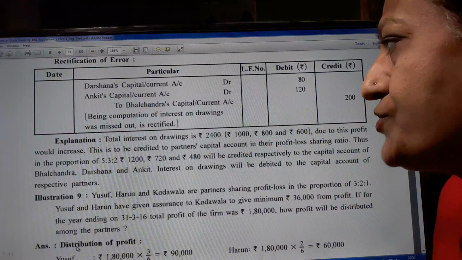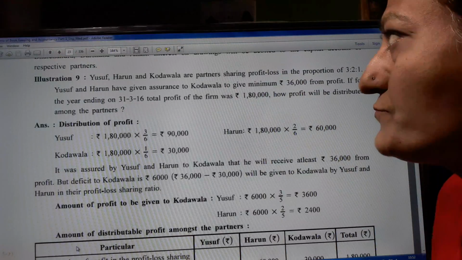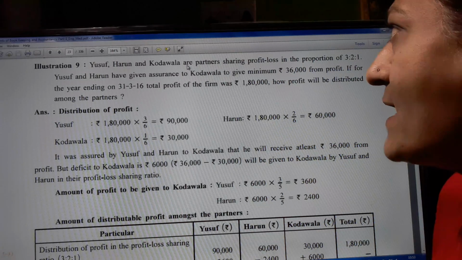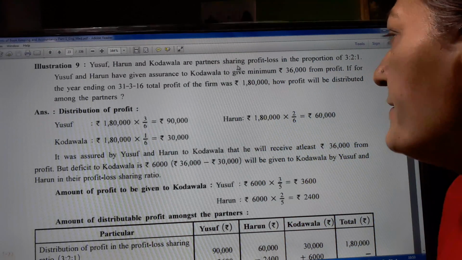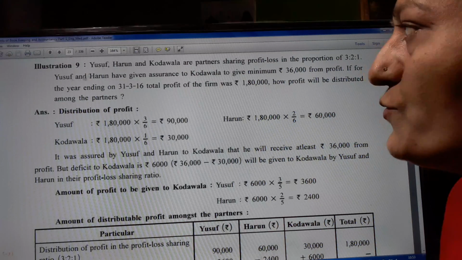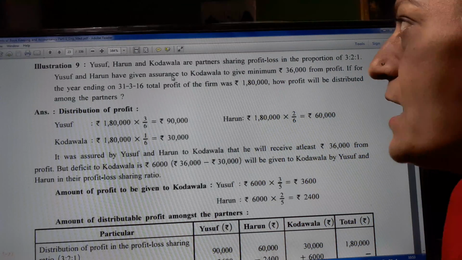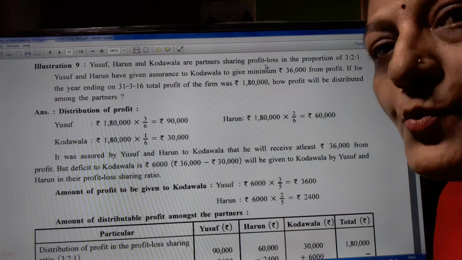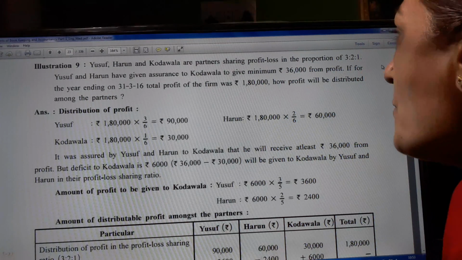Now illustration number 9. Yusuf, Harun and Kodawala are partners sharing profit and loss in the proportion of 3:2:1. Yusuf and Harun have given assurance to Kodawala to give a minimum of rupees 36,000 from profit.